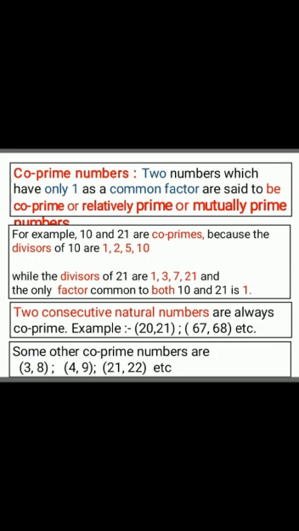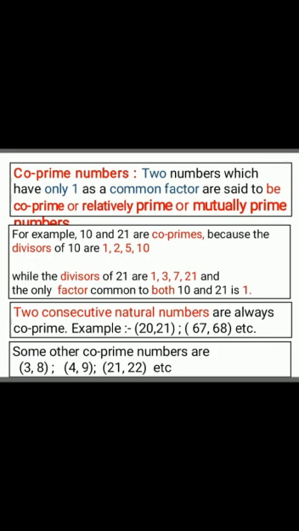That means 10 is divisible by 1, 2, 5 and 10. While the divisors of 21 are 1, 3, 7, 21. Again, it means that 21 is divisible by 1, 3, 7 and 21.